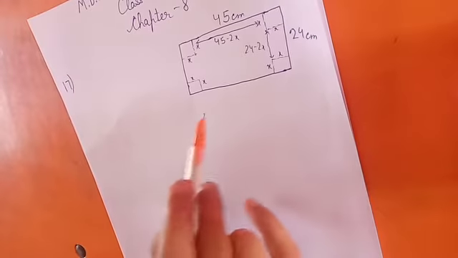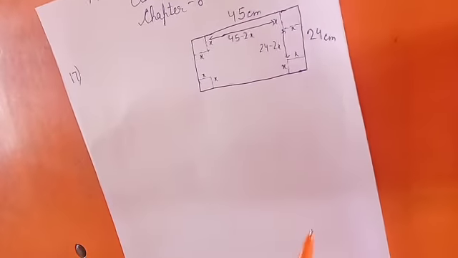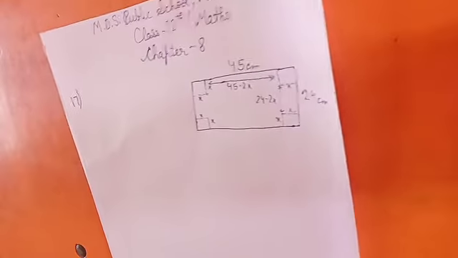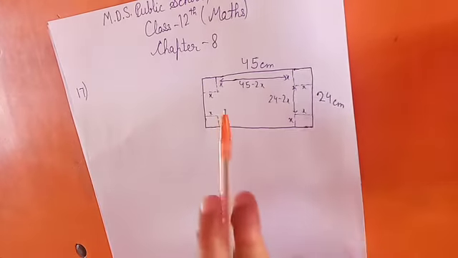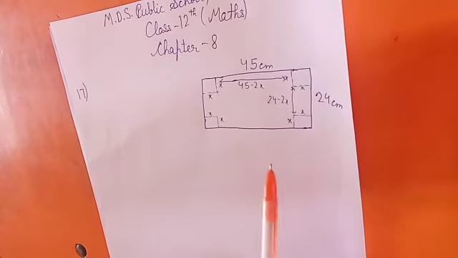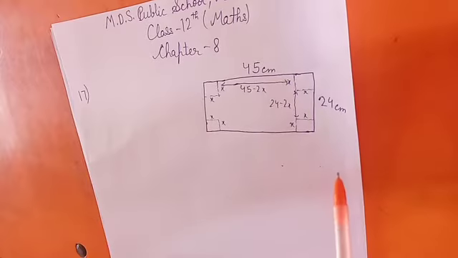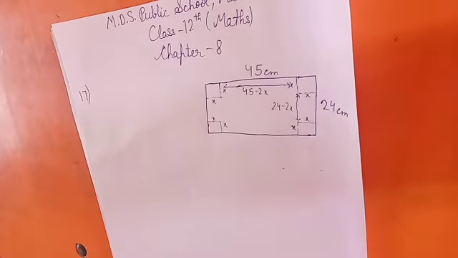So first of all you must write whatever is given. So we will write, we are given a rectangular sheet of tin whose dimensions are 45 centimeter by 24 centimeter, and then we will write x length of square is to be cut from each corner to make a box, so that the volume is maximum.